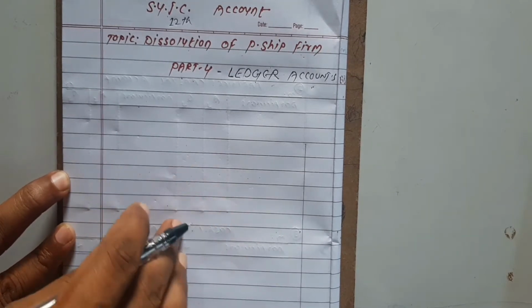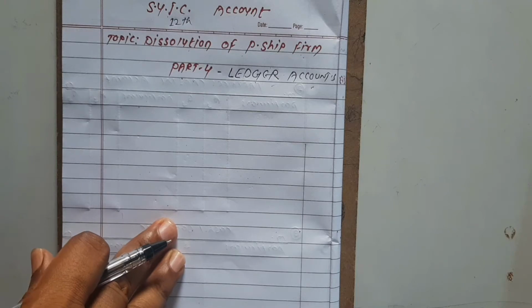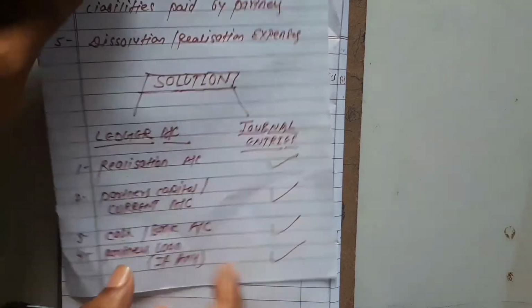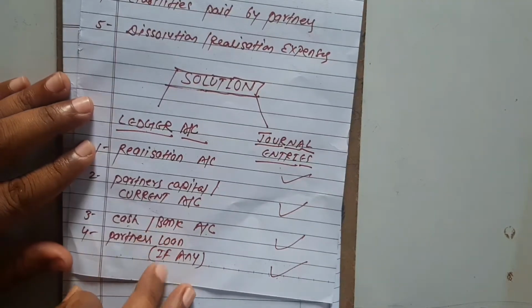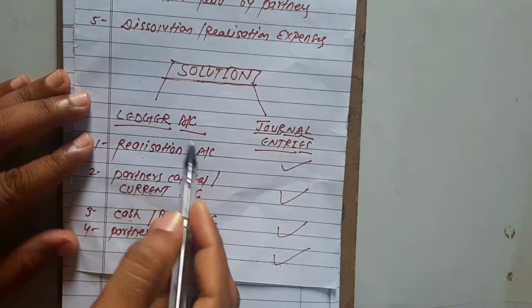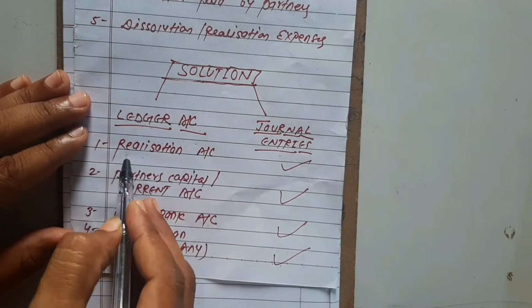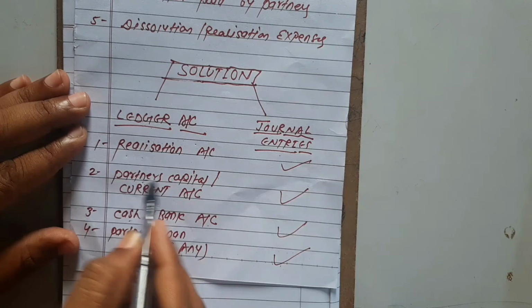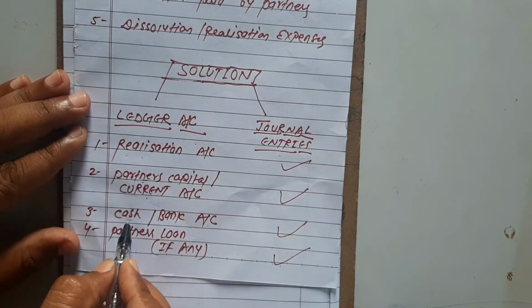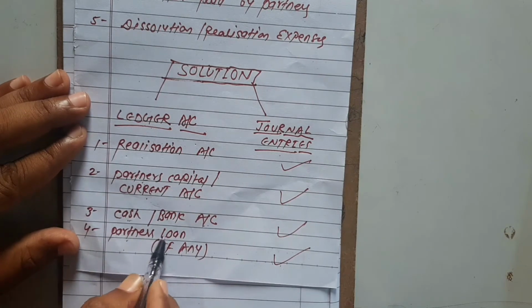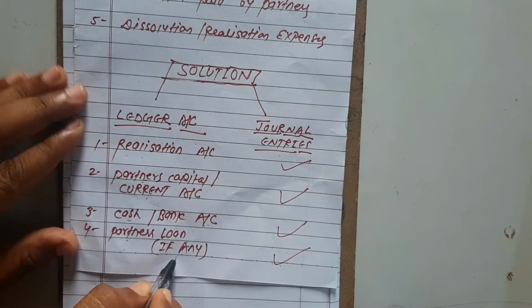But now first let's focus on part 3. In part 3, we have already learned about the different ledger accounts: the realization account, the partner's capital or current account, cash or bank account, and partner's loan if any.